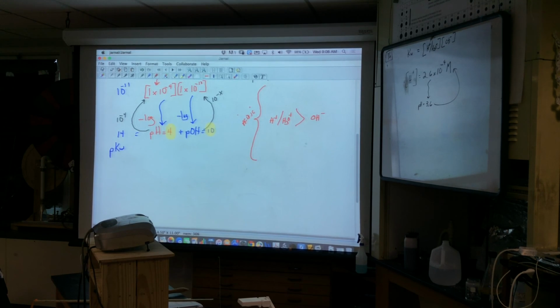Yes. Okay. So if I do the negative log, going down, we'll get rid of these arrows. Arrows up are 10 to the x. But if I go negative log of this, don't I get 14? Yes. So what do we know? The pKw is equal to the pH plus the pOH.